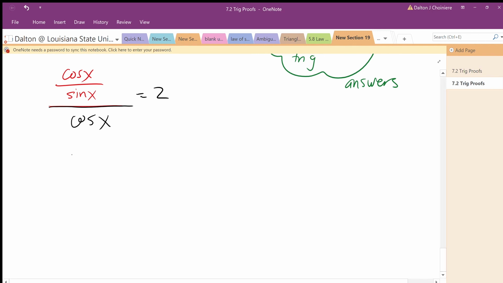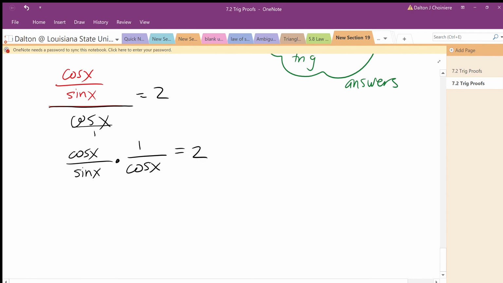You're close. Let's take our fraction on top, cosine over sine. Instead of dividing that by a number, dividing by the number is the same thing as doing what? Multiplying by the reciprocal. So let's multiply by, what is the reciprocal? This is already cosine over 1, so the reciprocal will be 1 over cosine x.